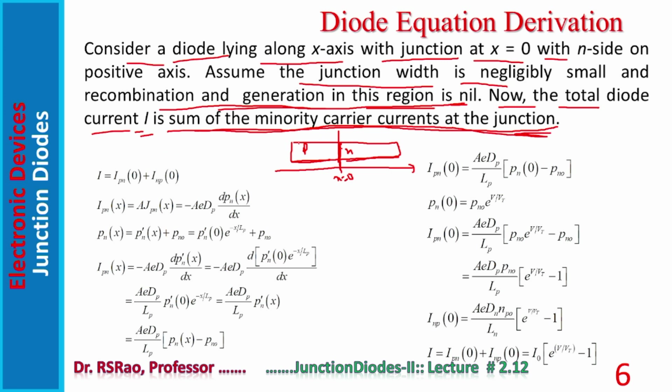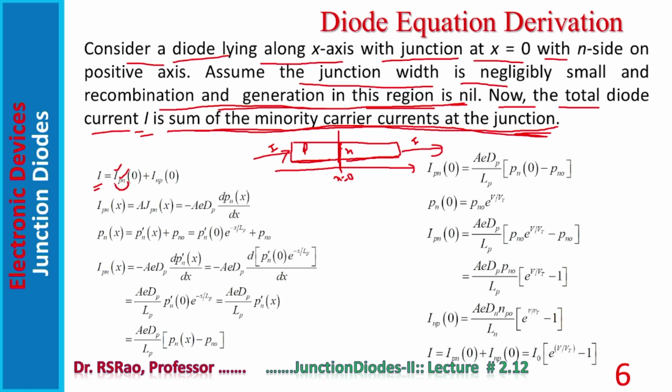Now, with this understanding, let us move further. I means total current, let us say, current that is entering the P region, or current that is leaving the N region. This I is equal to IPN plus INP. I stands for current in amperes. IPN stands for I for current in amperes, P due to holes, N on the N side.